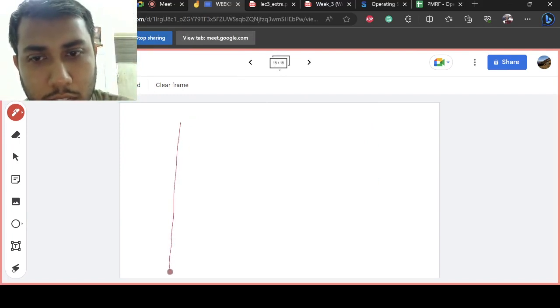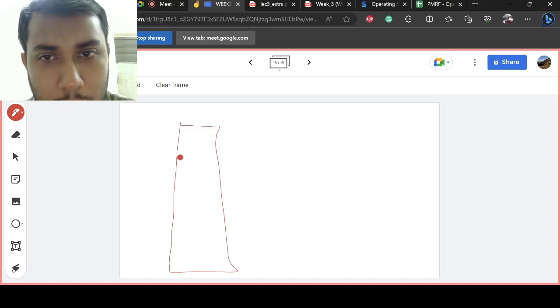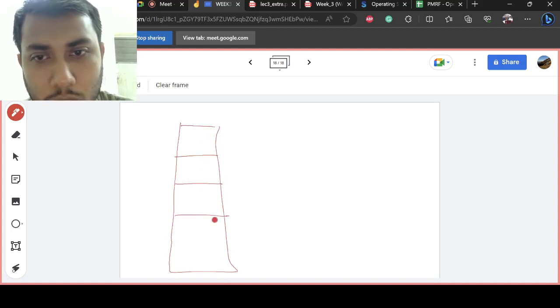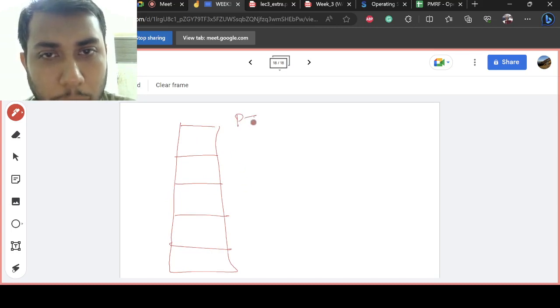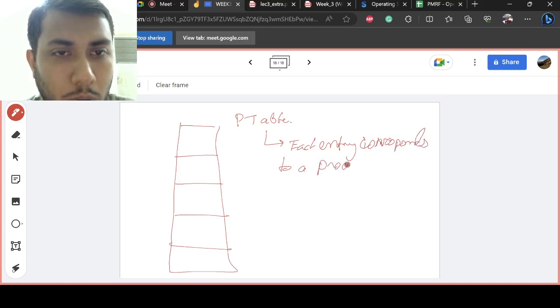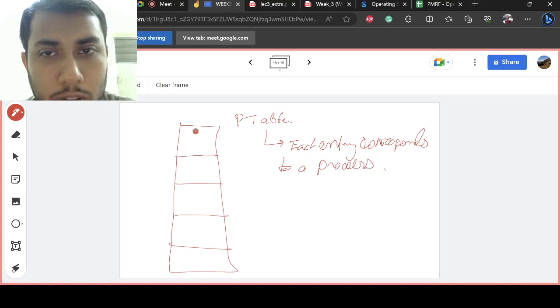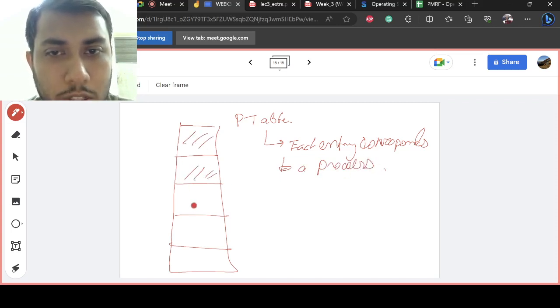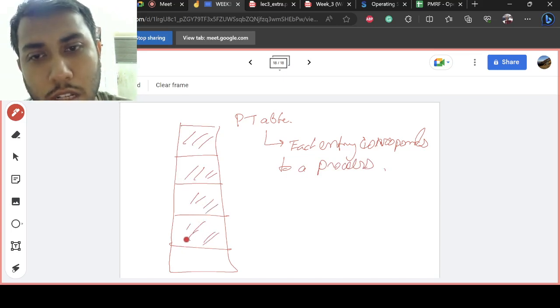Each entry corresponds to a process. So this is for one process, this is for another process, this is for another process, and so on.